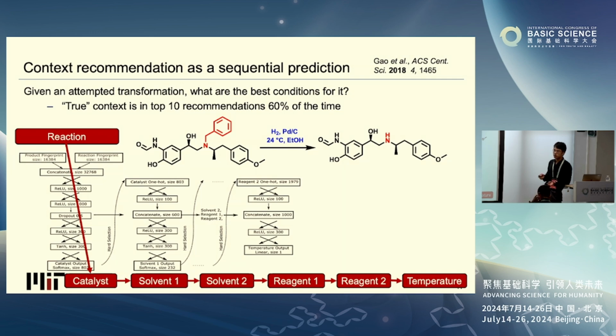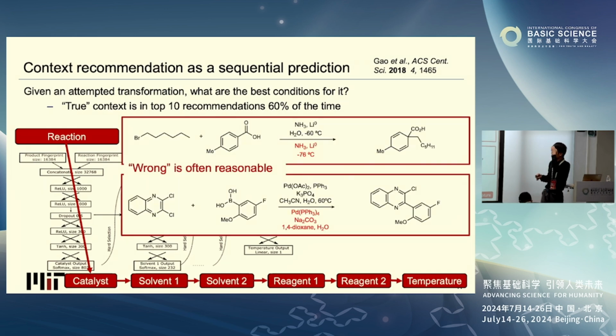For reaction conditions, usually there are multiple sets of conditions that might work. So we looked at top 10 accuracy, which is about 60%, which is reasonable for this task, so that we can get a reasonable guess of the reaction conditions for these reactions.